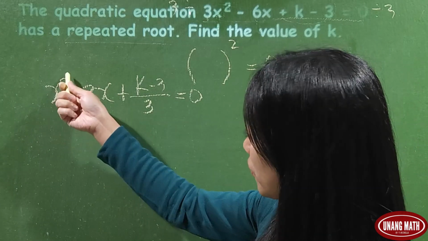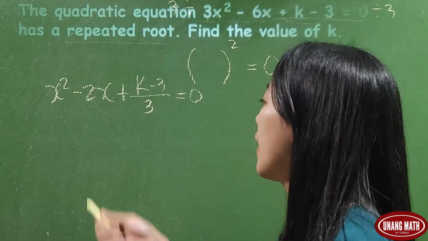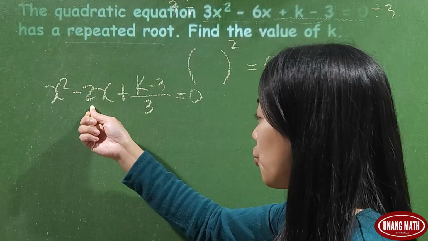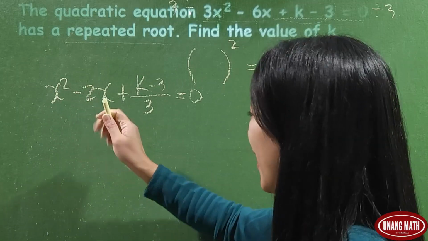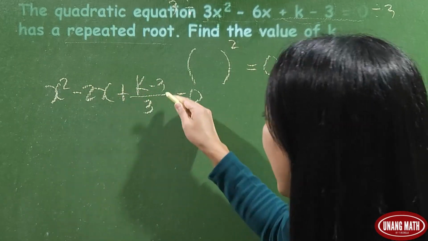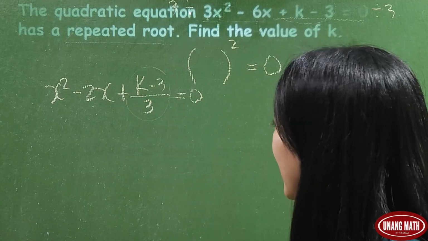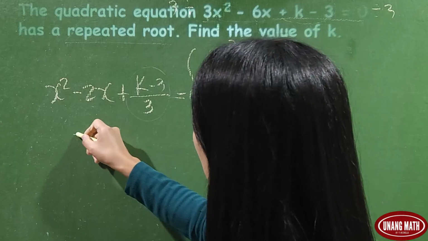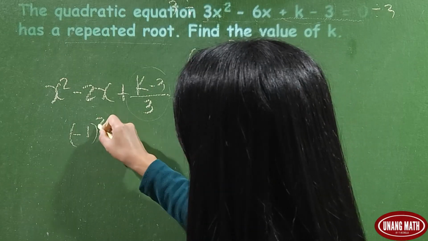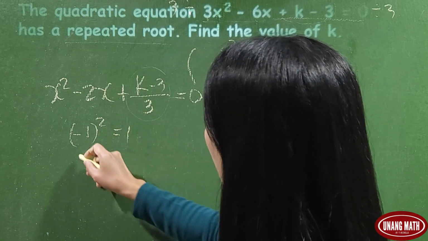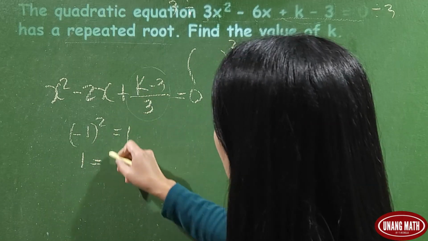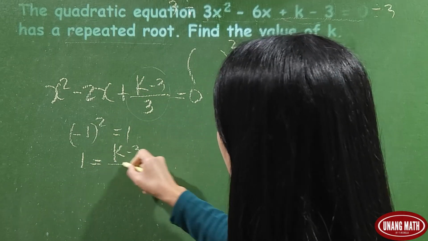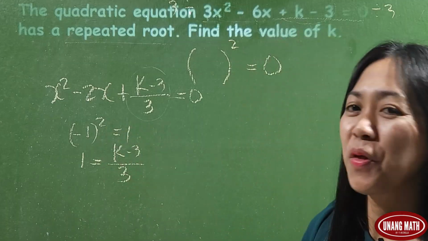Okay, now the coefficient of x squared is 1. So negative 2 divided by 2 is negative 1. And negative 1 squared is equal to k minus 3 over 3. So negative 1 squared is equal to 1. So 1 here is equal to k minus 3 over 3.